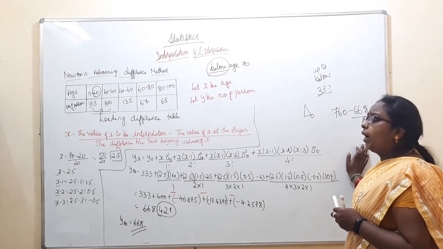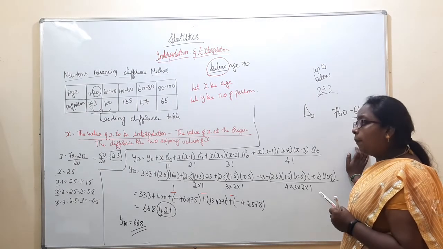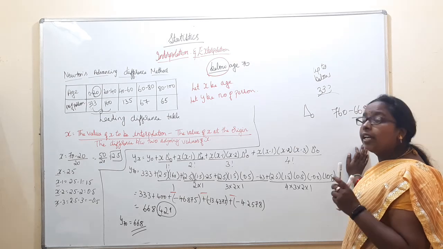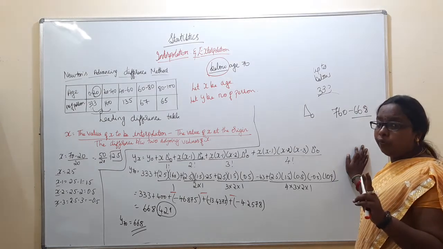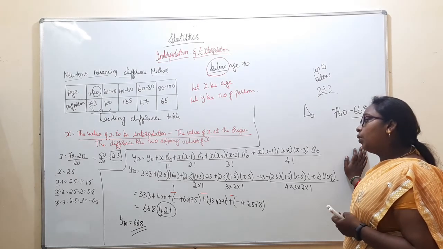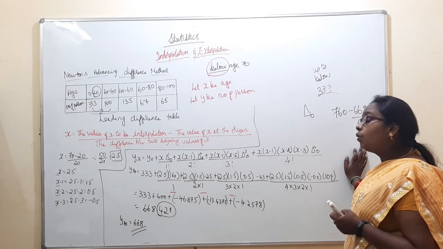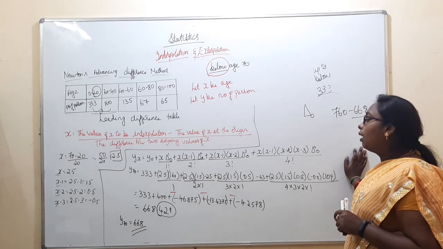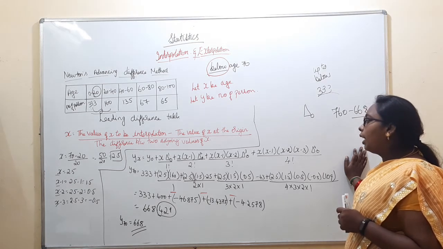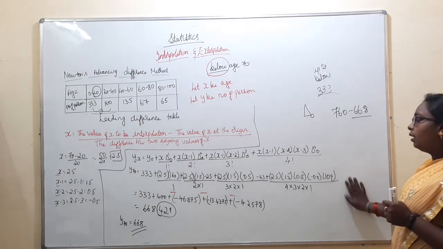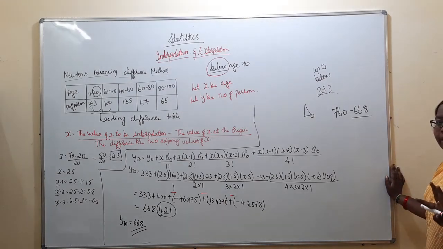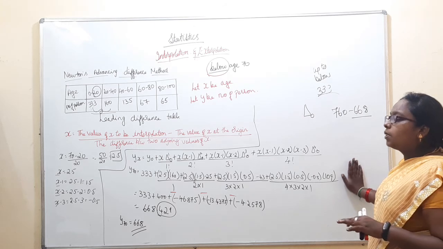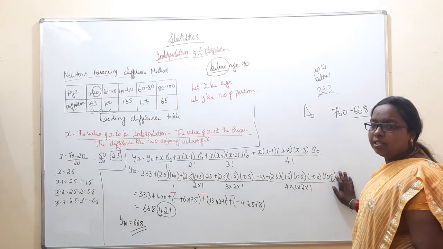My formula is y of x is equal to y naught plus x into delta 1 naught plus x into x minus 1 delta square naught divided by 2 factorials, then x into x minus 1 into x minus 2 into delta cube naught divided by 3 factorials, plus x into x minus 1 into x minus 2 into x minus 3 into delta power 4 naught divided by 4 factorials.